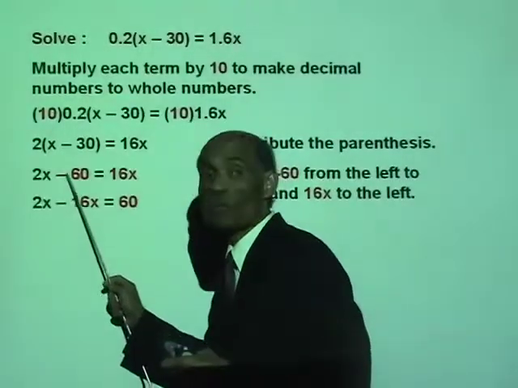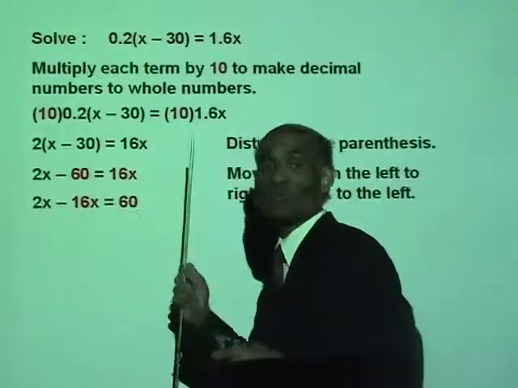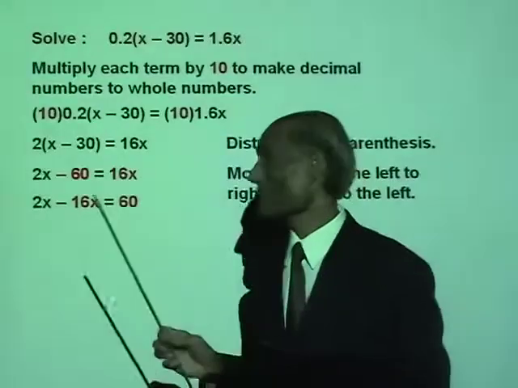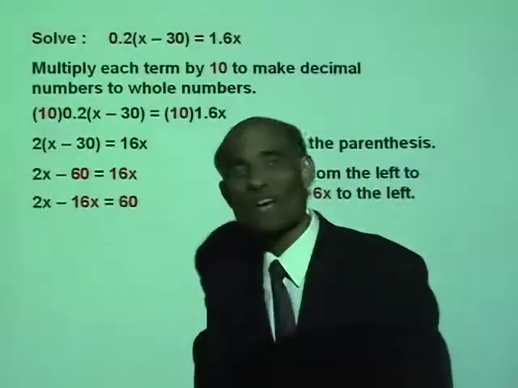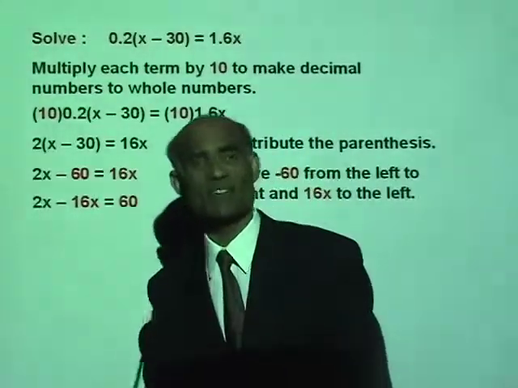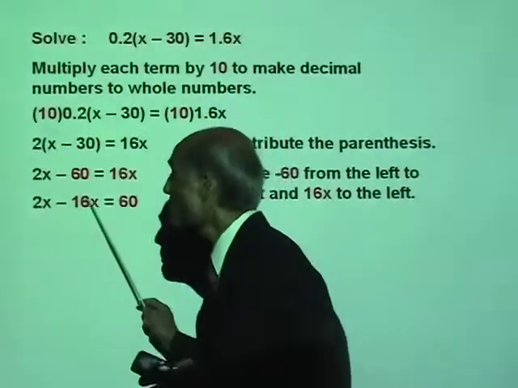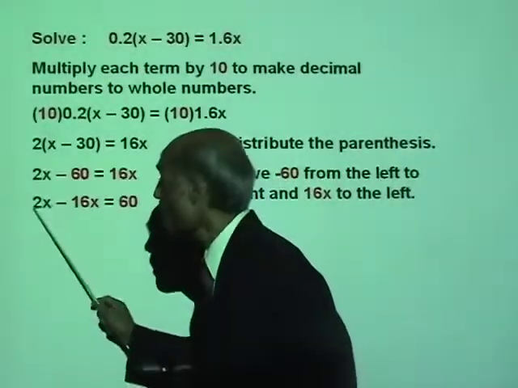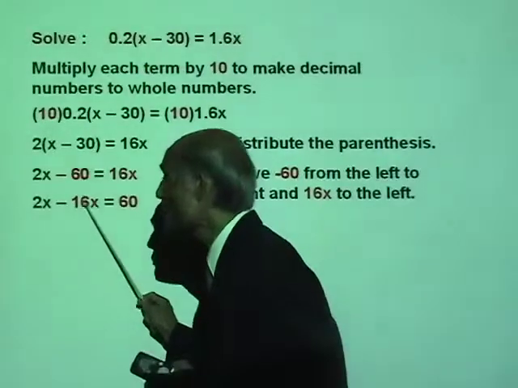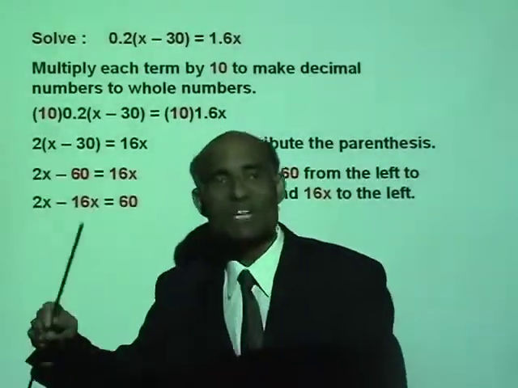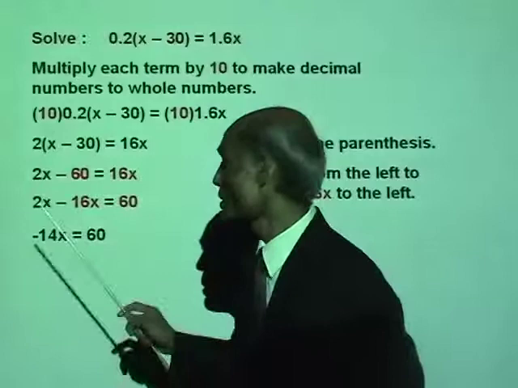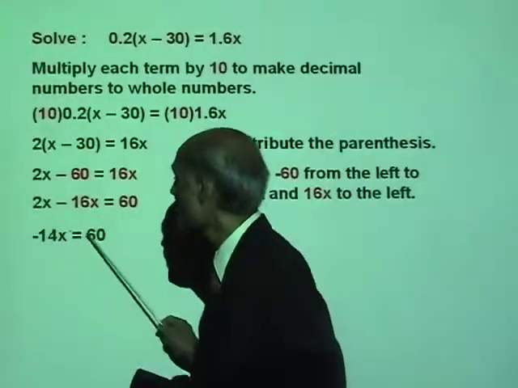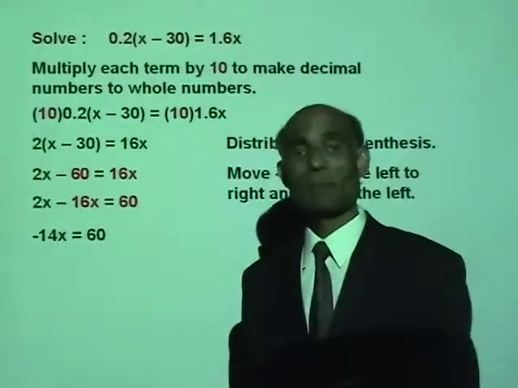Negative 60 moving from left to right becomes positive 60. Alright, what is 2x minus 16x? Positive 2 minus 16 will be negative 14. So negative 14x equal to 60.